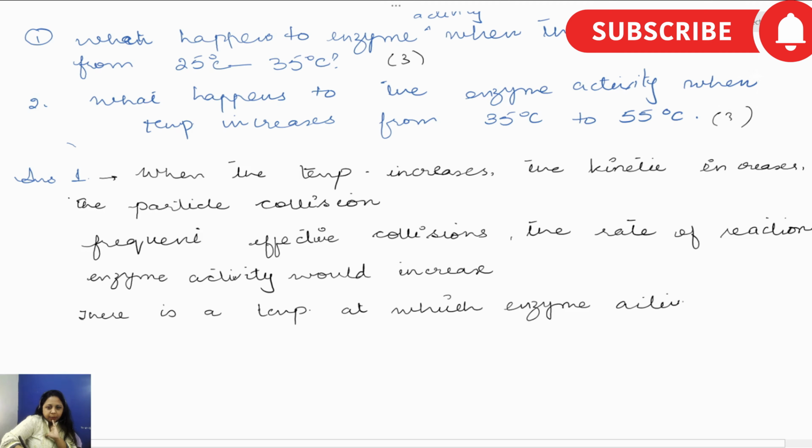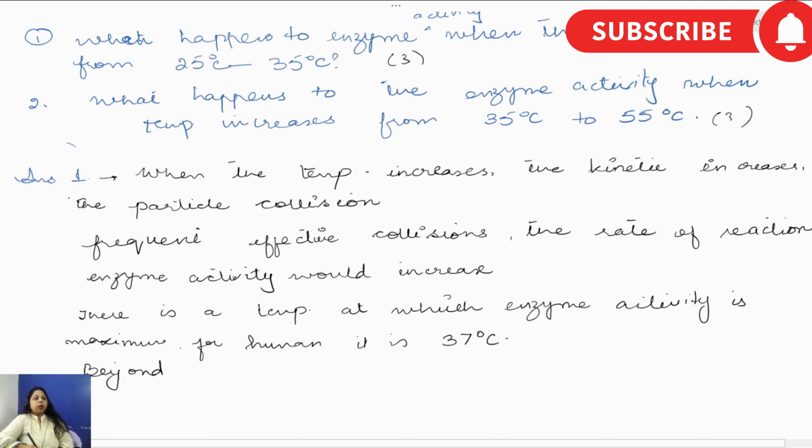Let's give an example of humans. For humans, it is around 37. Beyond this temperature, the collisions become so much that the molecules or the particles are no longer held together.